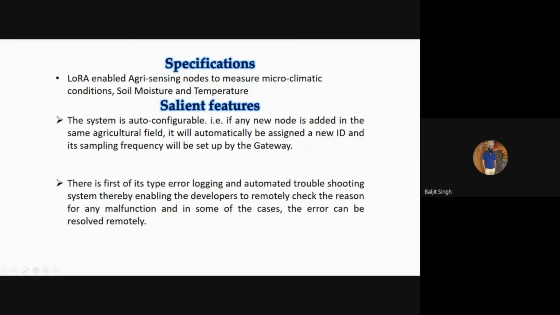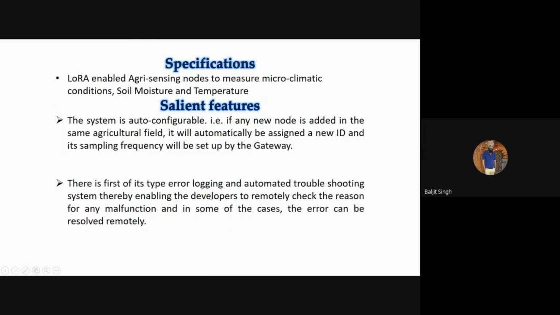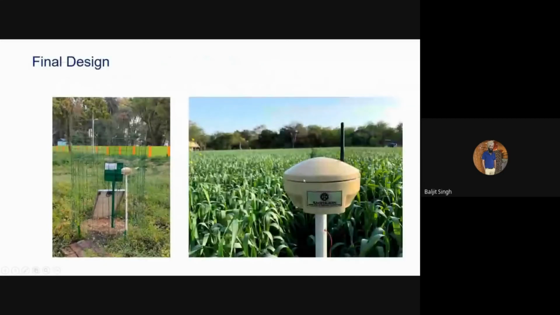There is a first of its type error logging and automated troubleshooting system, enabling the developers to remotely check the reason for any malfunction, and in some cases the error can be resolved remotely. There are various different errors which we have logged in the system. Some are related to hardware, some to software, some to battery.